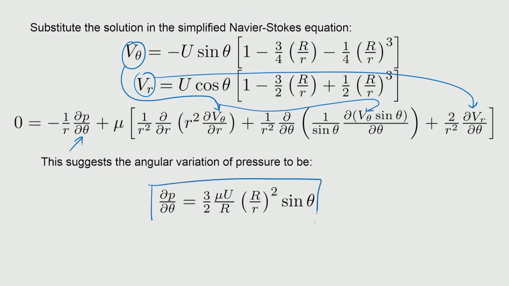So, once these two are available, we can then see what kind of a pressure form would let us combine both. Okay. So, do try out by substituting the velocity components in this equation and arriving at the pressure variation as that is written here. So, that is a couple of steps of algebra, but quite straightforward.